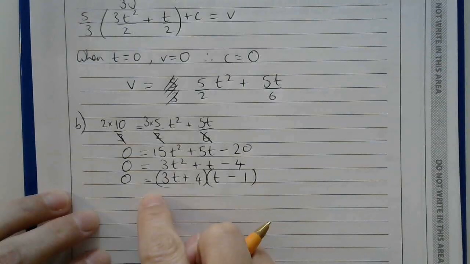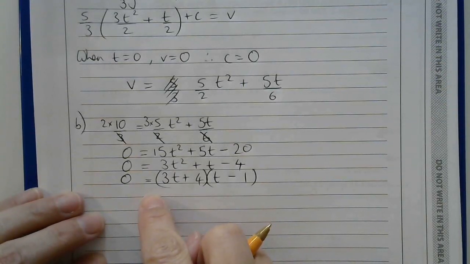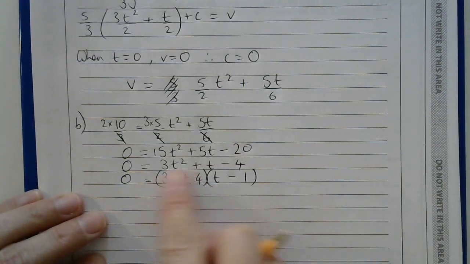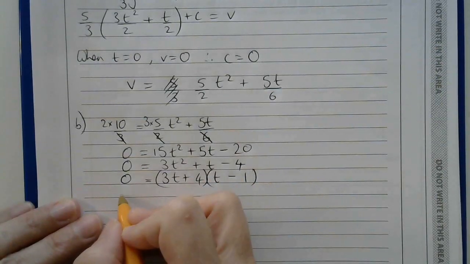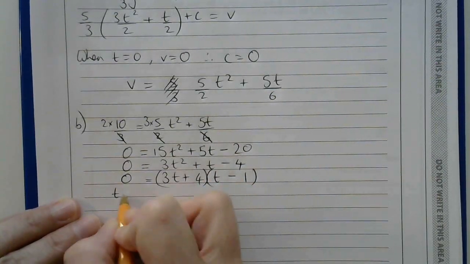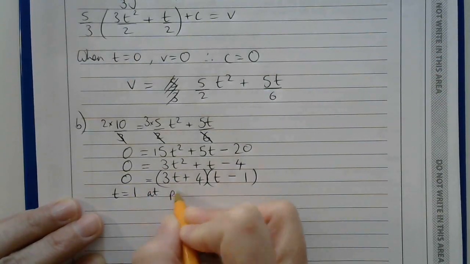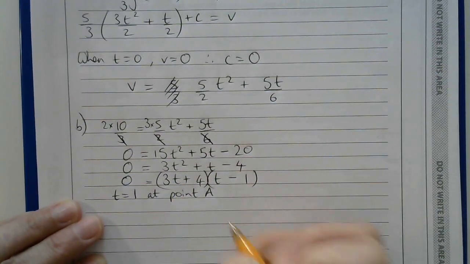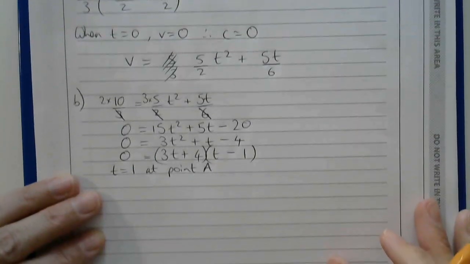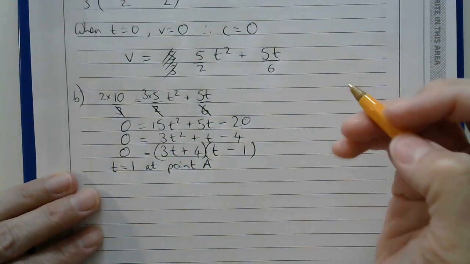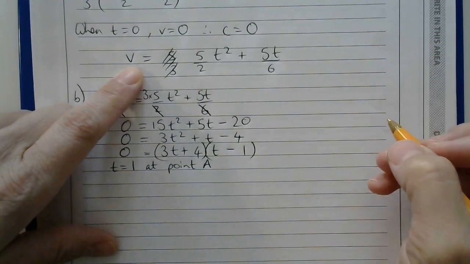Okay, so the only value at which the speed is 10 over 3, I can't have t as negative, so therefore t is 1 at point A. Okay, so now that I found that out, then I can rewrite v as dx by dt.